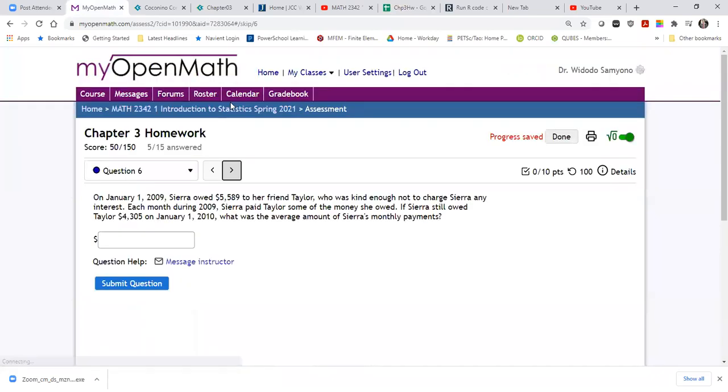Okay, so this number 5. What is this now? For this one, it is simply to find the monthly payment.